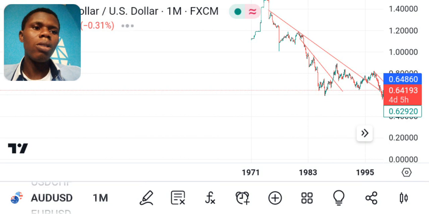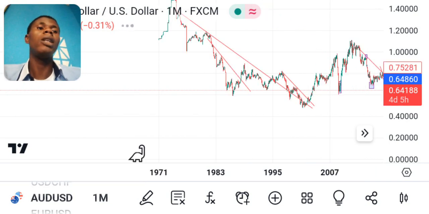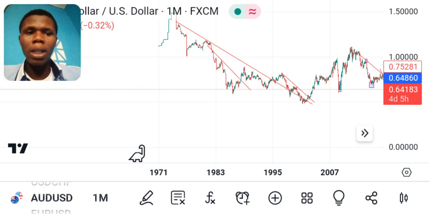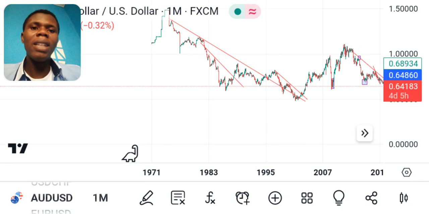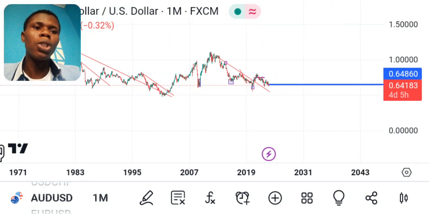So for the smart money concept, I want to say this for advanced traders: whenever you see the market break a trend line, it's not an indication for you to exit the market immediately. The market would definitely come back. You can still hold your positions.